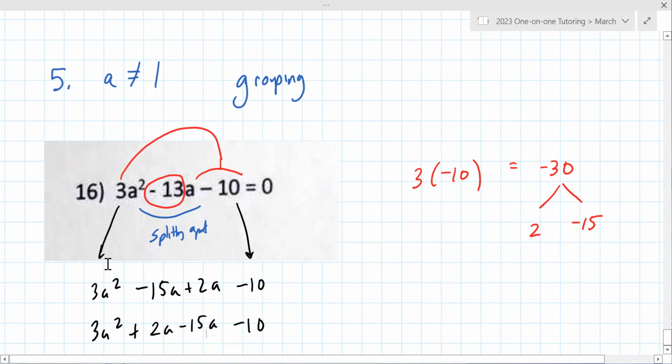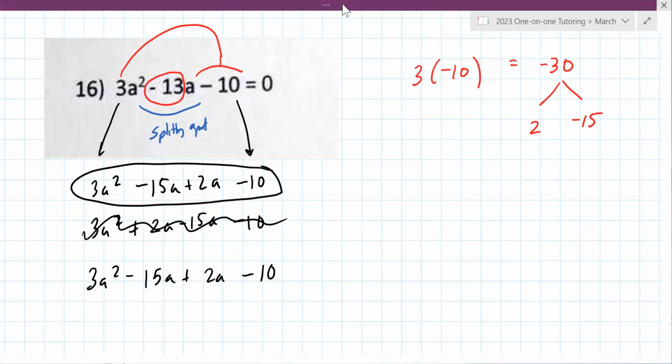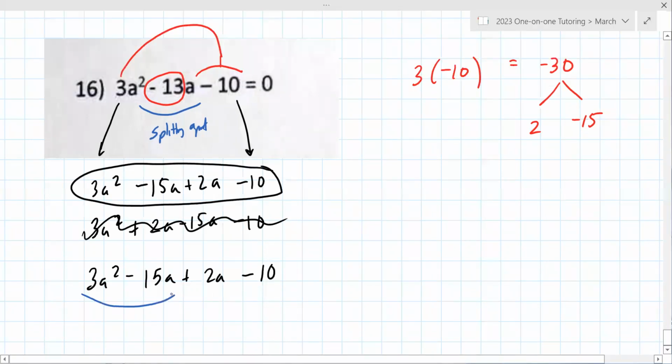Because what you end up doing here is grouping. You're going to find a GCF between these first 2. Most students would look and say, I think that one groups better with it, so you use that one. Just rewrite it here. You can do it the other way, but take a moment to see which one is better.